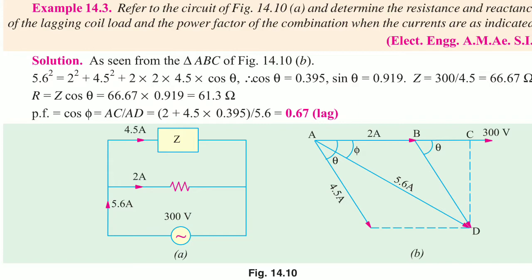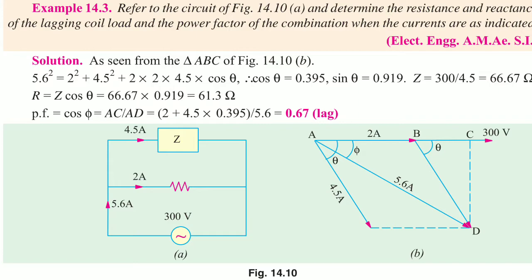So here AB is 2 amps, AC is 300 volts, BD is the branch 1 current, 4.5 amps. So AB and BD give the resultant 5.6 amps, that is AD.